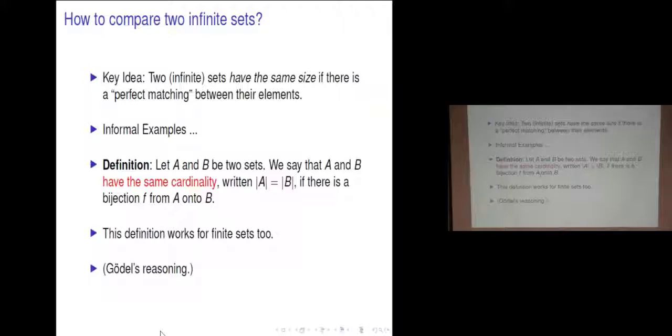So now I have two sets, A and B. I can match their elements because by definition I have a perfect matching of the elements. Now imagine you have this magic. Suppose A has square plastic, and B has round clay.